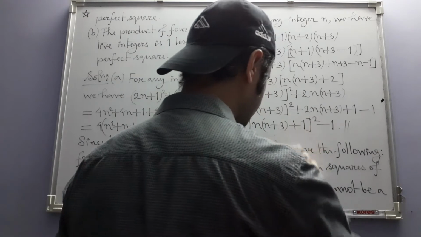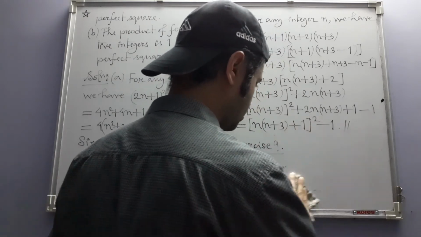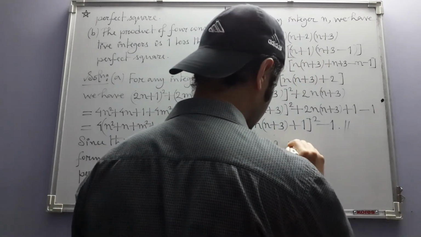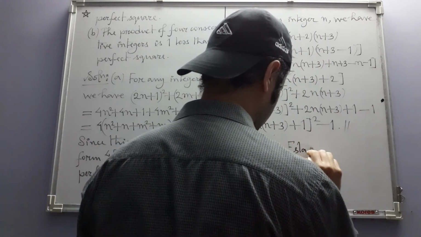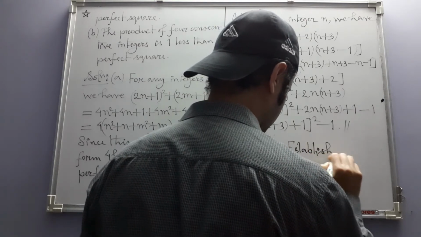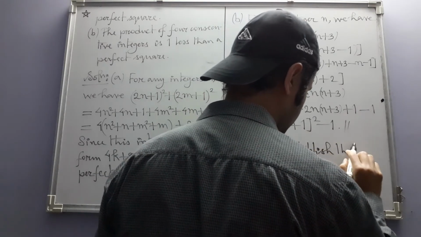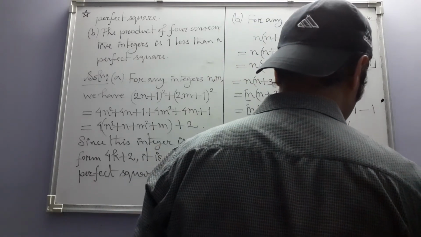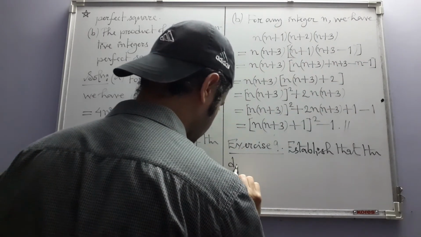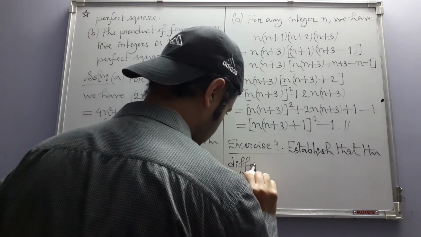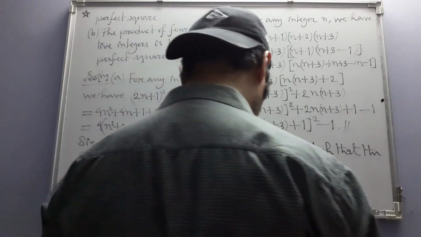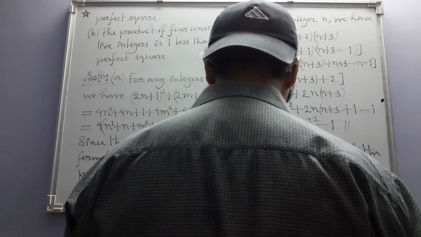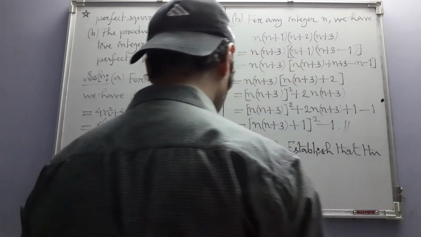Establish that the difference of 2 consecutive cubes is never divisible by 2.